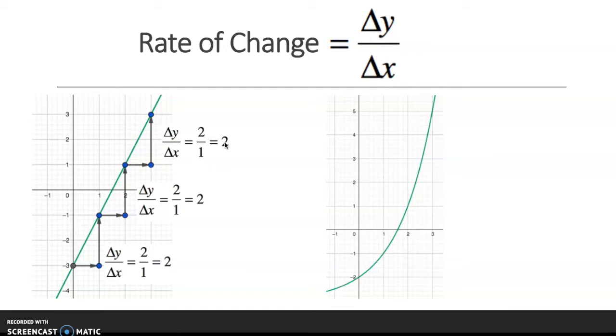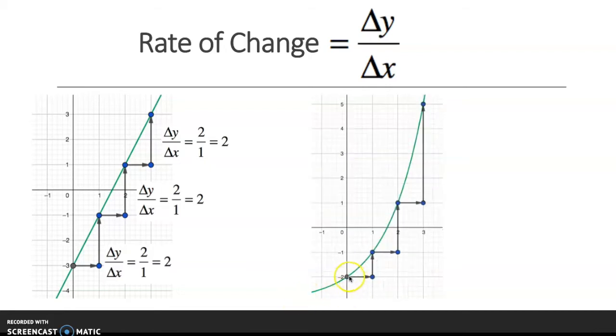For an exponential model like this one, this appears exponential. If we want to calculate rate of change, again, we need to choose a bunch of points along that graph. So here I've selected some points, here, here, here, and here. And as you can see this time, I'm increasing the x's by 1 each time.